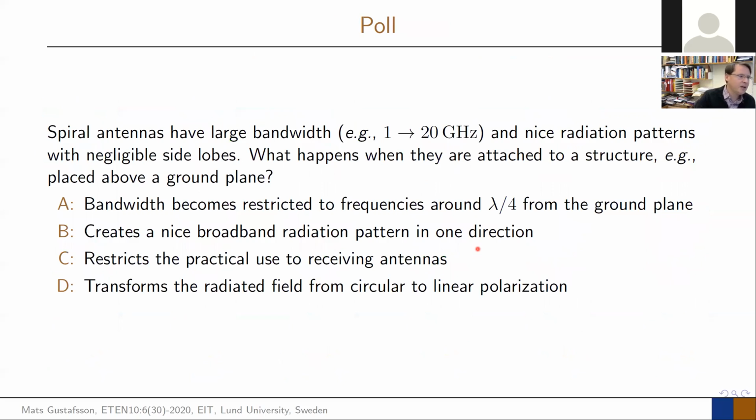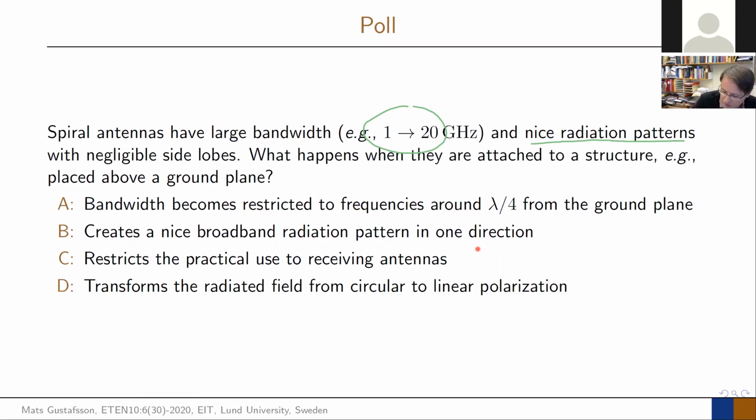So another poll in these cases before we explain these ones. We can see that these spiral antennas can have very large bandwidth. I didn't show you 1 to 20 gigahertz, but it's very simple to make. They have very nice radiation patterns, very good for many types of applications.